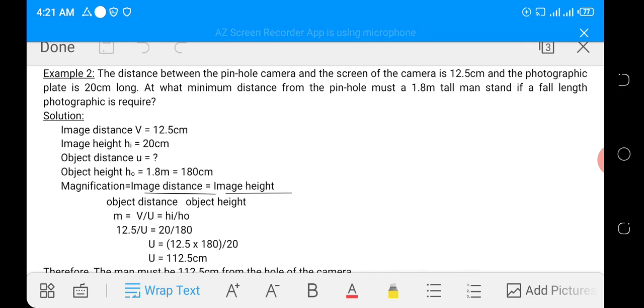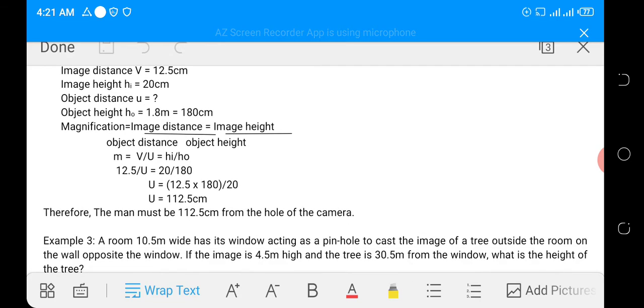Making it the subject of the formula and solving for it, we have U to be 112.5 centimeter. Therefore, the man must be 112.5 centimeter from the hole of the camera to have his image be the full length of the photographic plate.